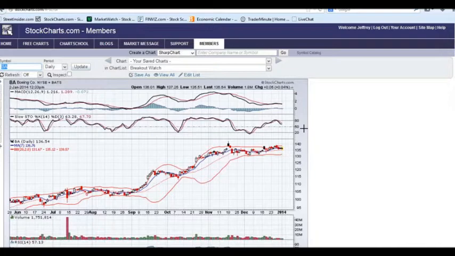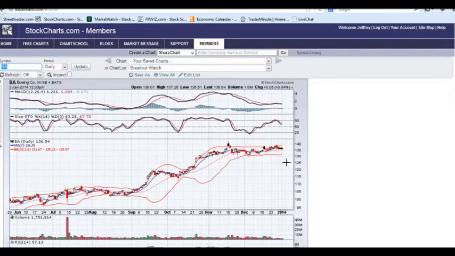Well, the reason with Boeing is because Boeing has been pretty much flat. Yes, it's had a few ups and a few downs, but overall its action has not been a major trend. It's been in this consolidation period for quite a while. We had signs that consolidation was ready to break and move higher.